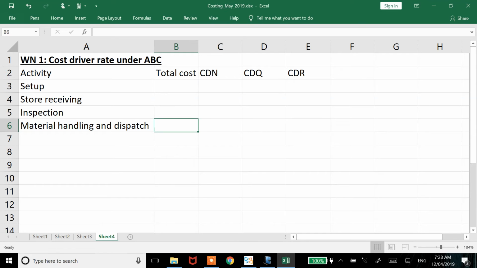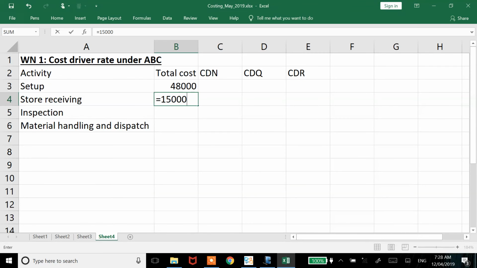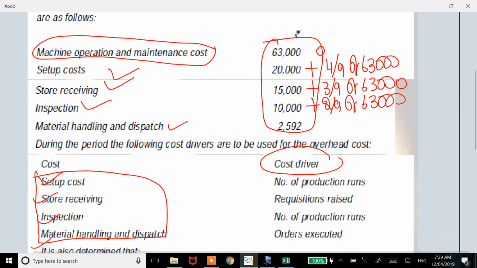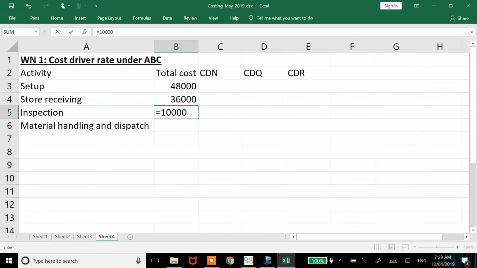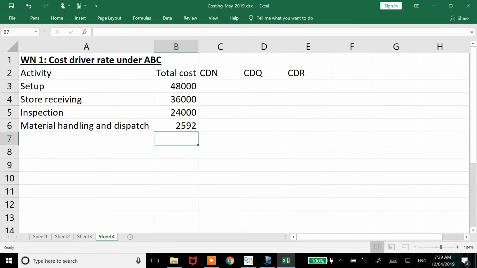When it comes to the cost, setup is 20,000 plus 4/9 of 63,000, store receiving is 3/9 of 63,000, inspection is 2/9 of 63,000, and material handling and dispatch is 2592.